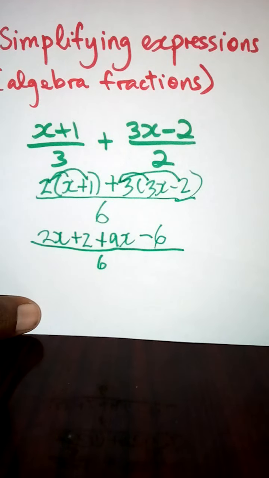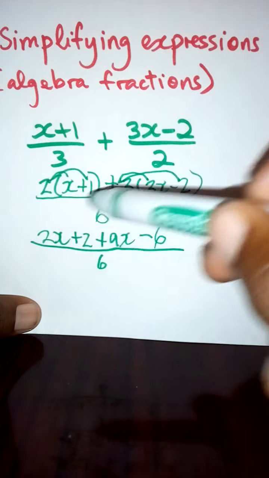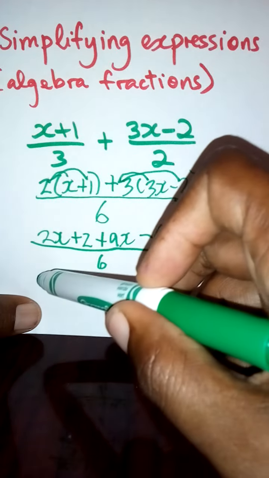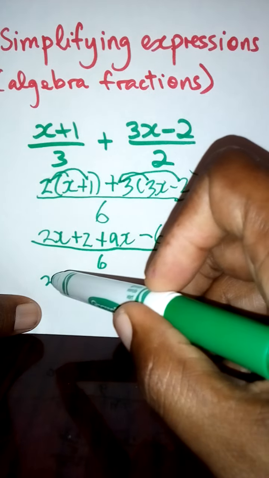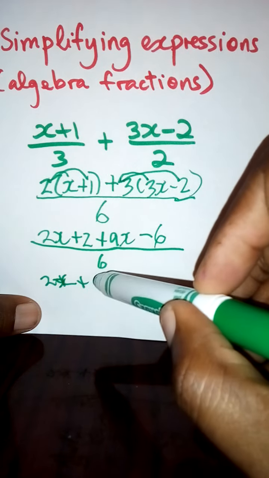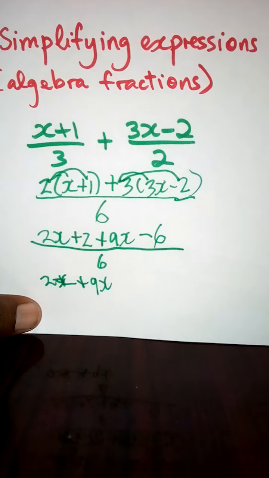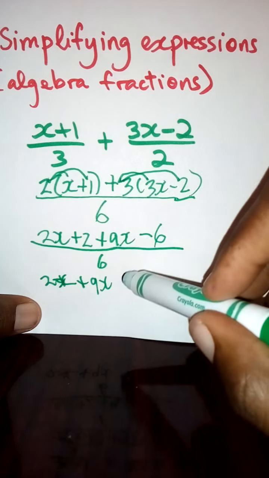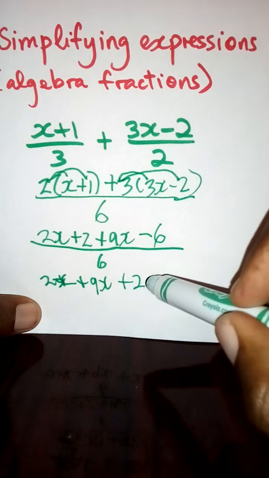Now, we'll continue to simplify the numerator by grouping like terms. 2x with 9x. So 2x plus 9x goes together. Positive 2 with minus 6 goes together.